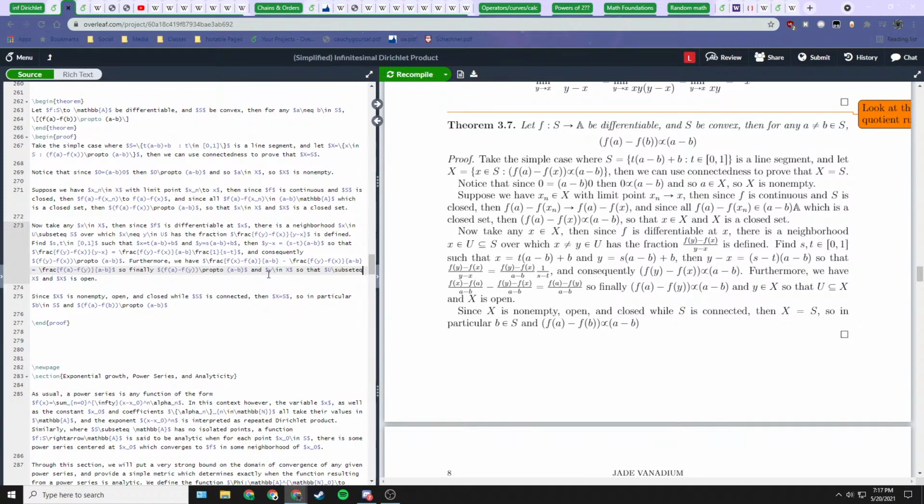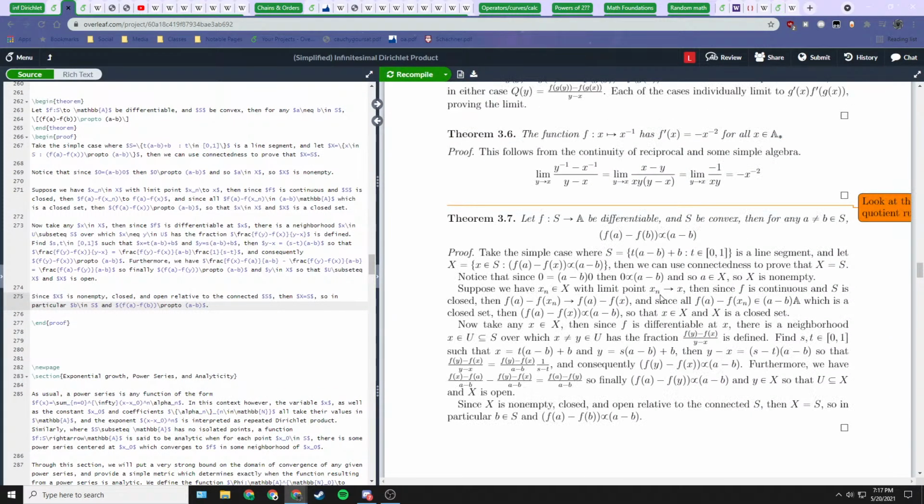Since X is non-empty, open, and closed, or rather, non-empty, closed, and open relative to the connected S, while S is connected, then X equals S. So in particular B is in S, and f of A minus f of B is proportional to A minus B. So this takes care of this special case where our set is a line segment.